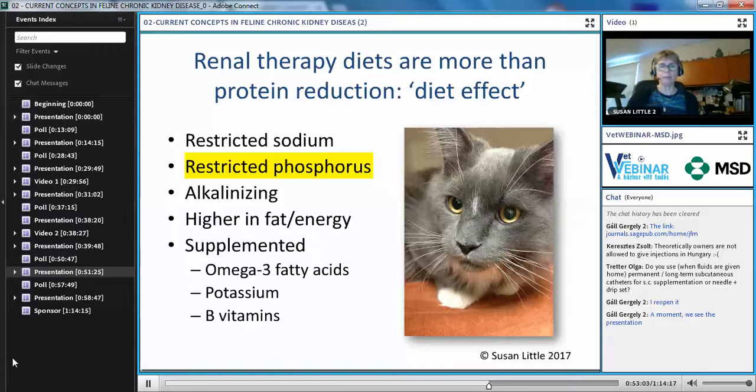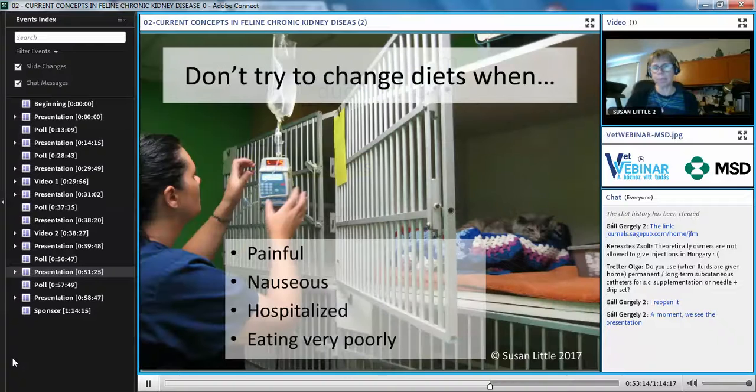The number one benefit is restricted phosphorus. They counteract metabolic acidosis. They're often higher in calories, so they help patients maintain weight. And they're supplemented with things that they need, like potassium and B vitamins and omega-3 fatty acids. So they bring a lot of different benefits to the table.